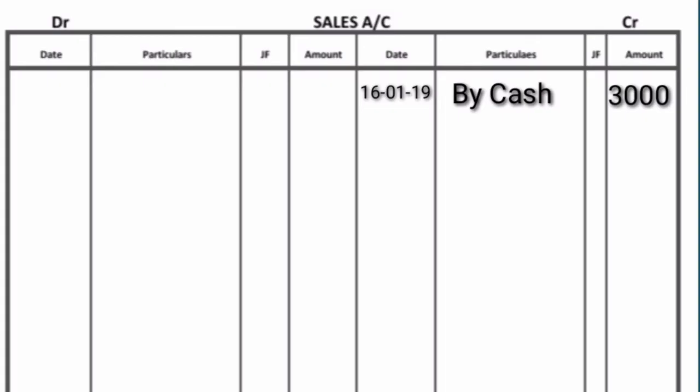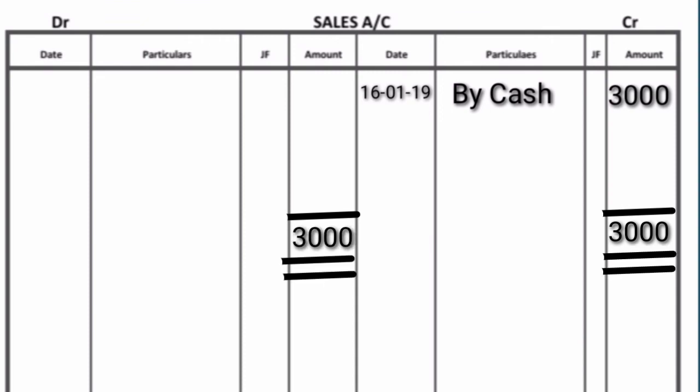Okay, now we can close the sales account. Here also we can check which side the amount is more, debit side or credit side. Here on the credit side 3,000 rupees is there, but on the debit side there is no amount, so the credit side has more amount. So this amount 3,000 we can write on both sides, credit side and debit side, and give a double underline. Okay, and then we can find out the balance amount or difference amount. The debit side is less, 0 amount, so the difference is 3,000.